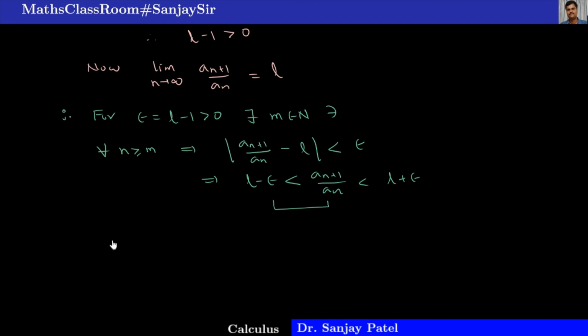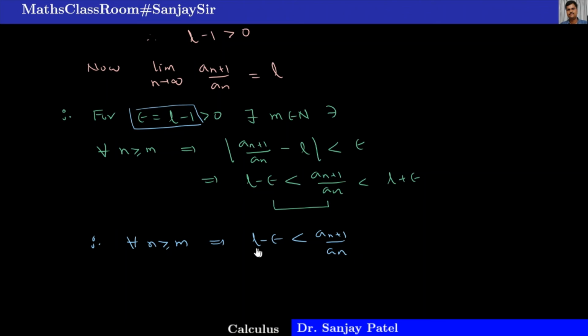So what I'm going to do next is consider only the first inequality, and we can write L minus epsilon is less than a_{n+1}/a_n. But what is L minus epsilon? From our definition of epsilon, taking epsilon on this side and 1 on this side, L minus epsilon is 1.